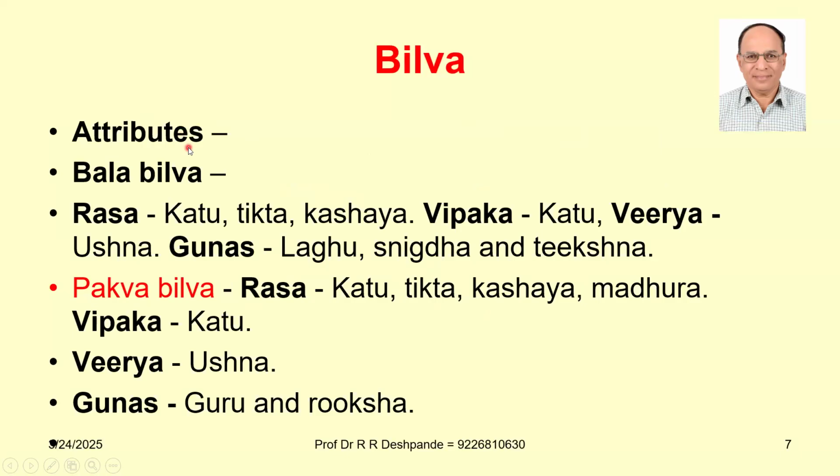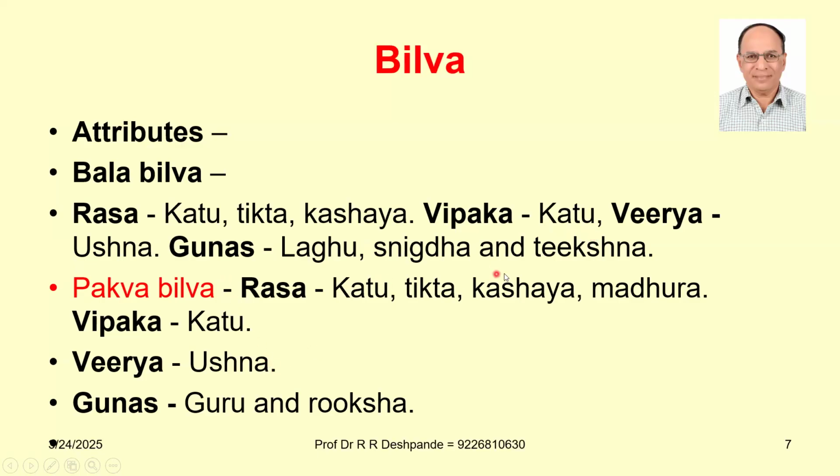Now, what are the properties? There are different things: Bala Bilva and Pakva Bilva. Bala Bilva is Katu, Tikta, Kashaya. Pakva Bilva is also Katu, Tikta, Kashaya. Katu is pungent, Tikta is bitter, and Kashaya is astringent. Vipaka is Katu, which means pungent. Virya is Ushna.